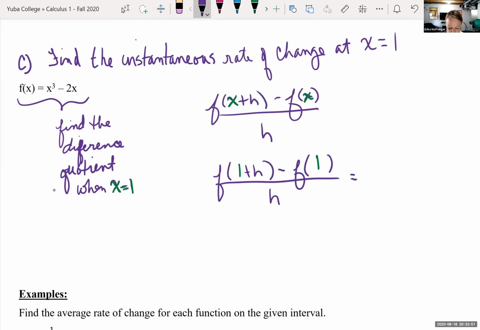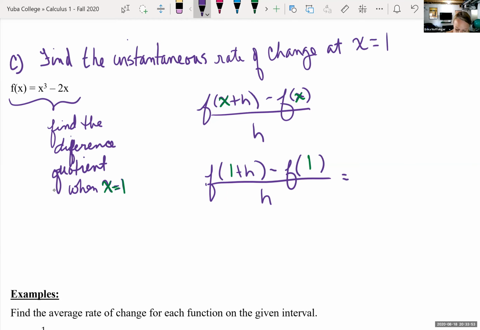So we're going to just do this piece right here. Wherever I see an x, I'm going to put a parentheses, minus, I see 2 times x, so I'm going to leave a bigger parentheses. And let me plug in 1 plus h there. So 1 plus h.